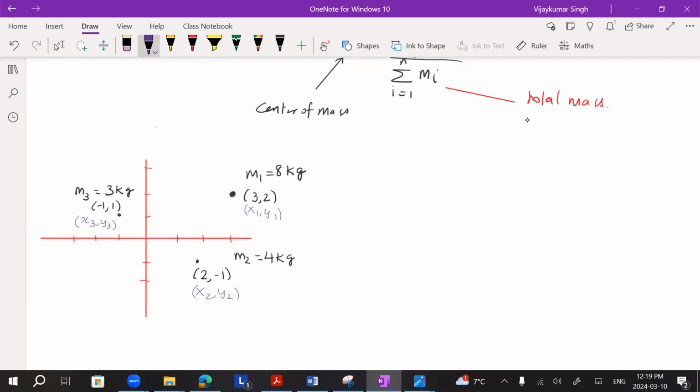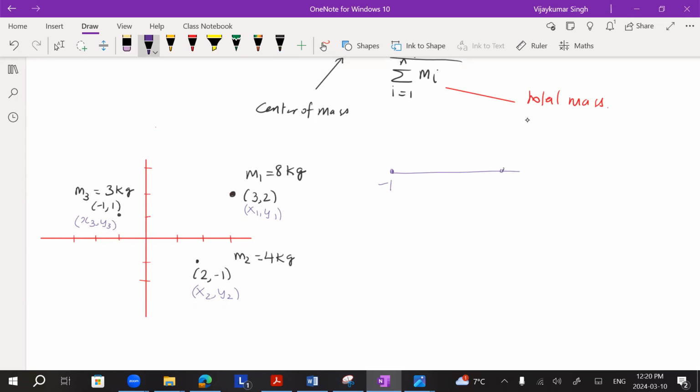Now we want to compute the center of mass for these three weights. So how would we go about computing it? We'll break it into x and y coordinates.